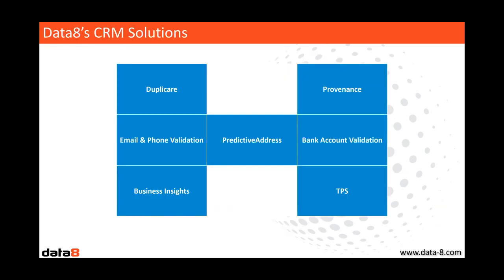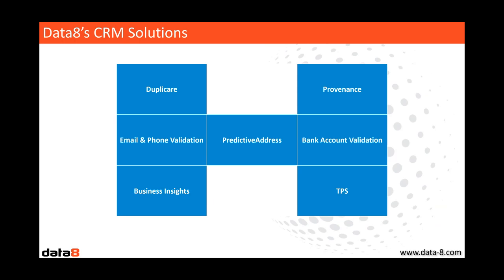So in the Dynamics and Power Platform space, we've now got 7 solutions listed in AppSource, or in the process of being listed. I think there's 1 or 2 still working their way through that process. The one we'll be spending time on today is Duplicare, but we do have all these other ones listed there to try and help you keep on top of different aspects of data quality.